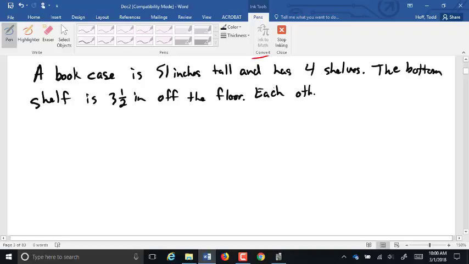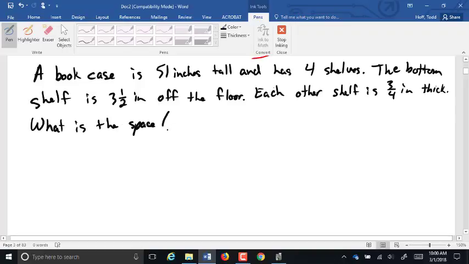Each other shelf is 3/4 of an inch thick. What is the space, if spaced evenly?